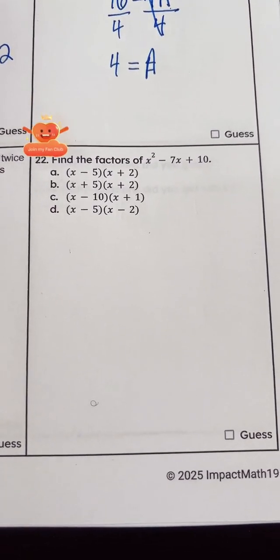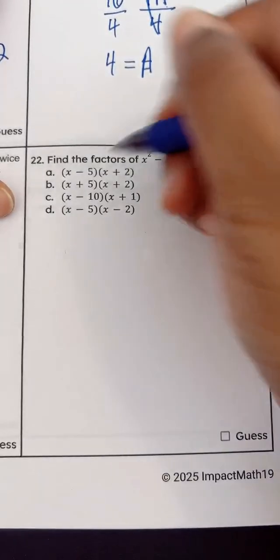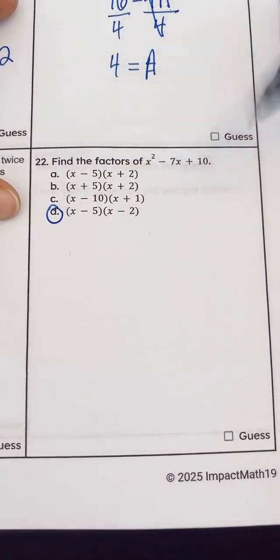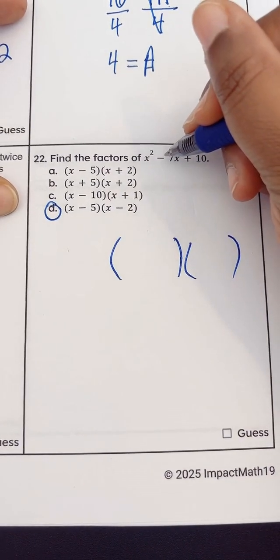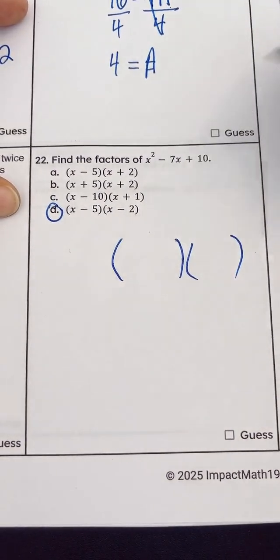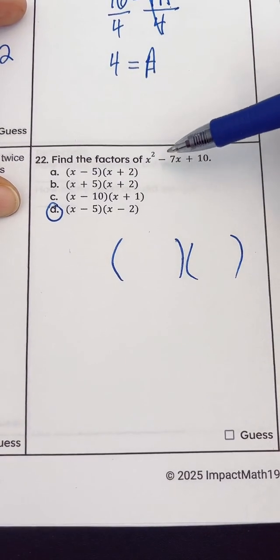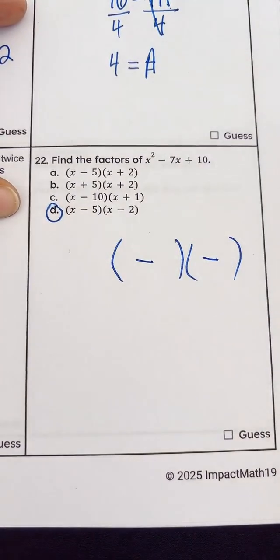Thank you for guessing. Okay, I'm gonna circle D because you guys are saying it. Now, when our middle term is the only negative, if you know this, you could do this in a split second. If your middle term is the only negative, both terms have to be negative.